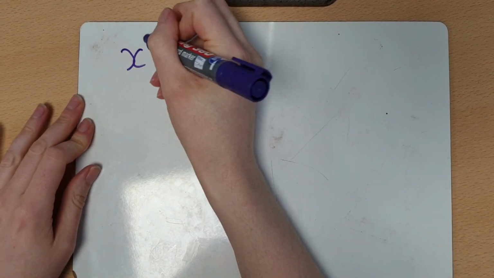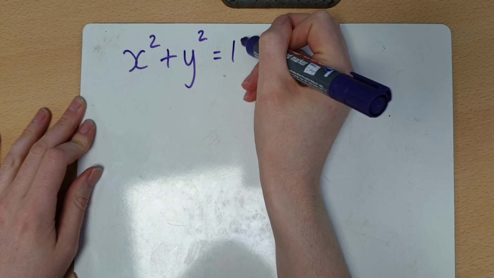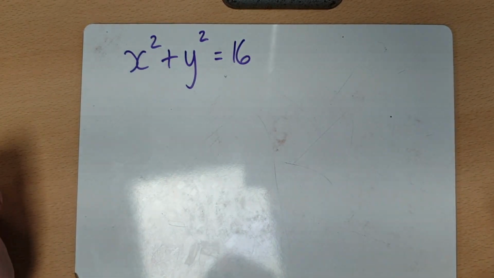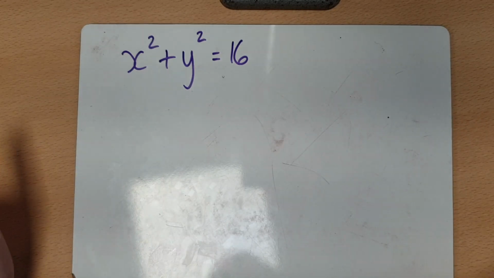If we have a look at the examples in the book then, the first one is sketching the graph with equation x² + y² = 16. So we want to think about how that fits in with our general equation.